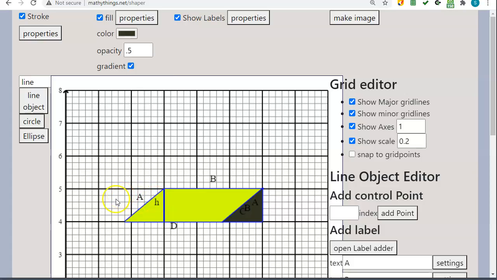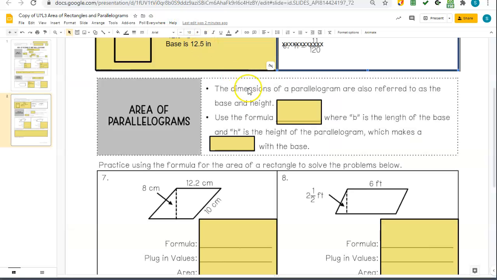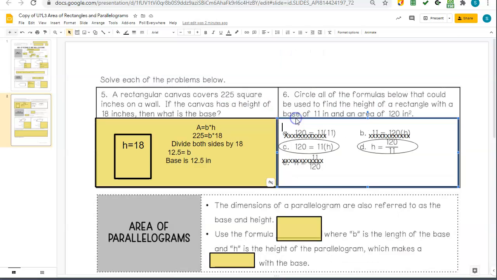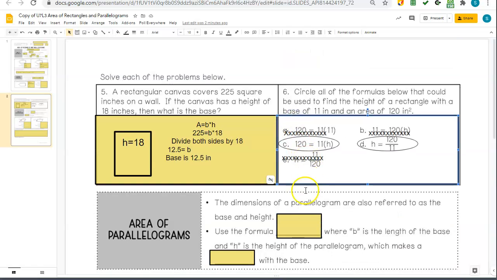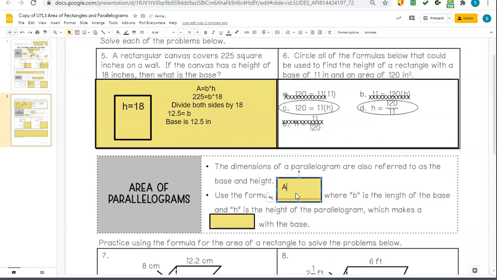So we can use the exact same formula for area of a parallelogram as we can for the area of a rectangle. Okay? The dimensions of a parallelogram are also referred to as the base and the height, and the formula is still area equals base times height, where here base is the length along the base and h is the height of the parallelogram, not the length of the angled side.